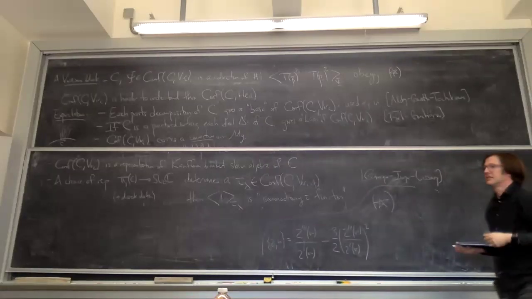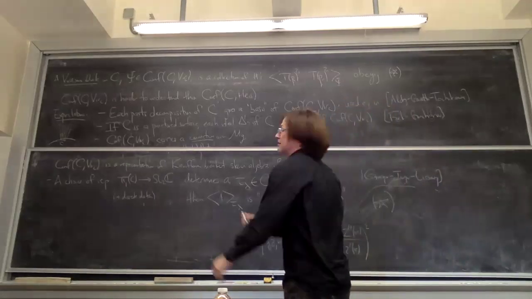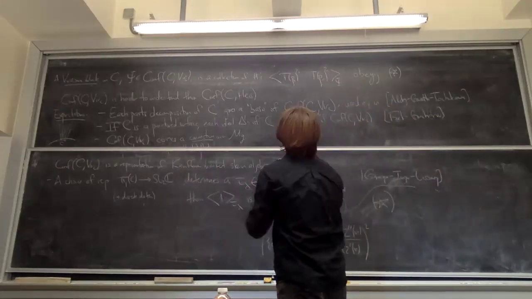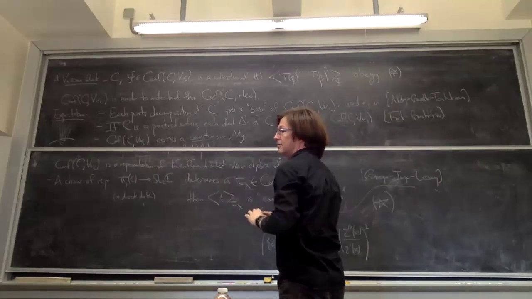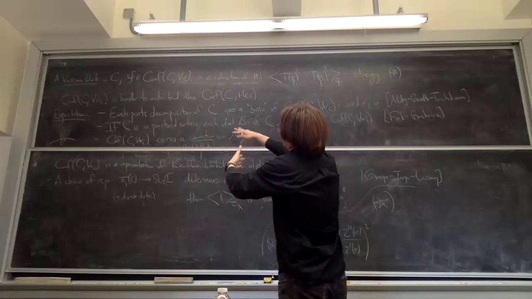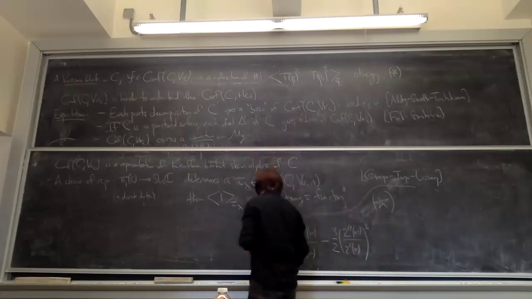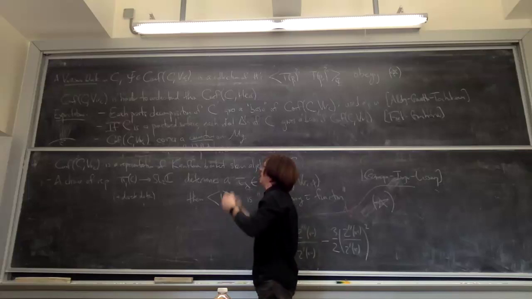Can I ask about expectation? Yeah. So when you say these various things give the basis, is it that they can write down some elements but they just don't know it's a basis? They can write down some elements, and for example, here I said each pants decomposition gives you a basis.